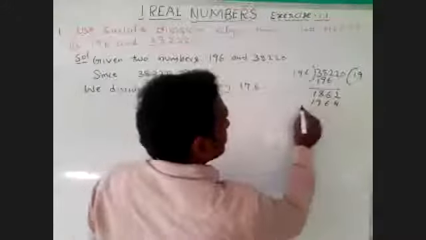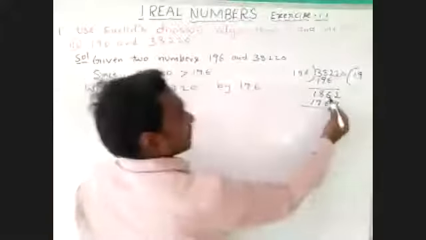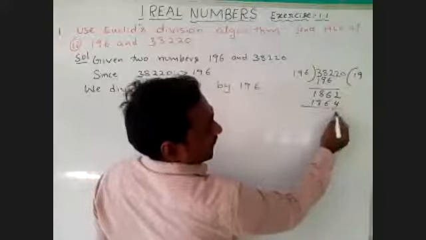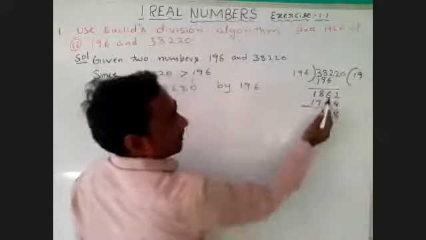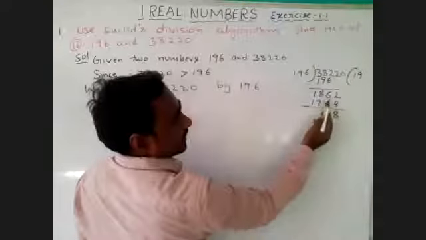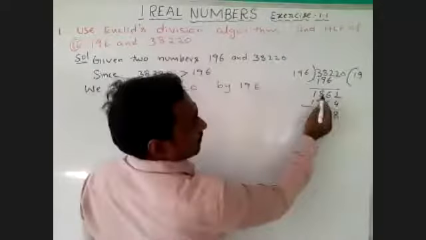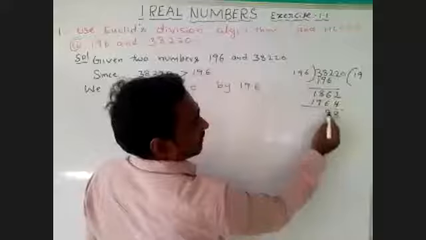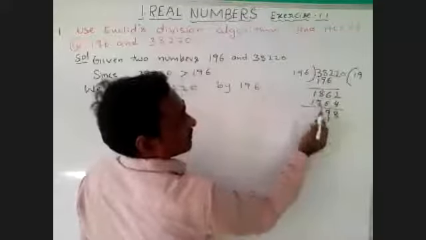So here subtract: 12 minus 4 is 8, 15 minus 6 is 9, 7 minus 7 is 0, 1 minus 1 is 0.